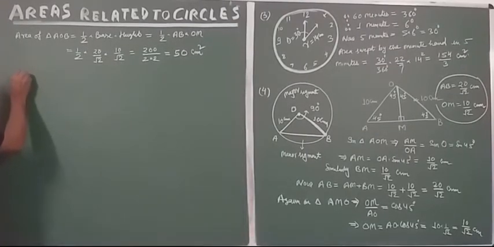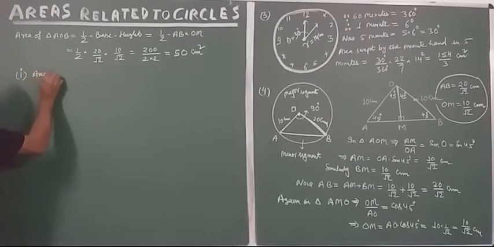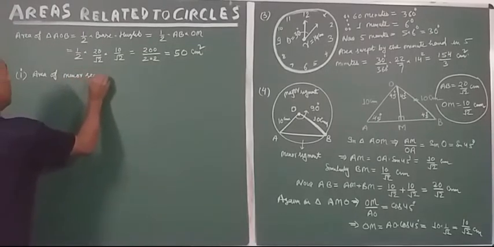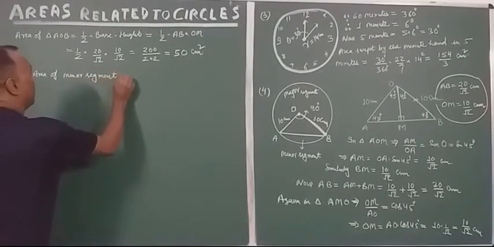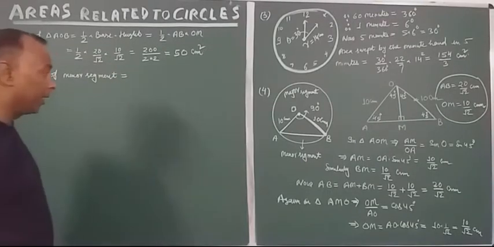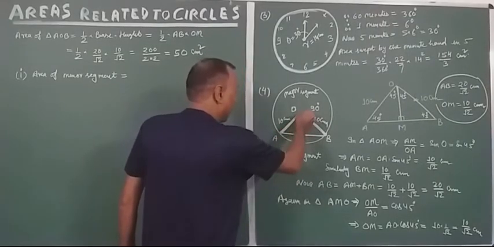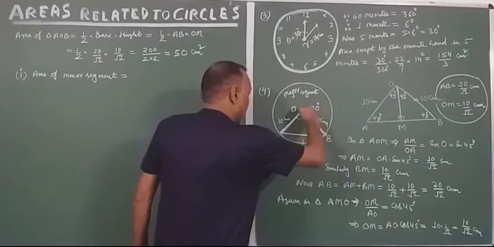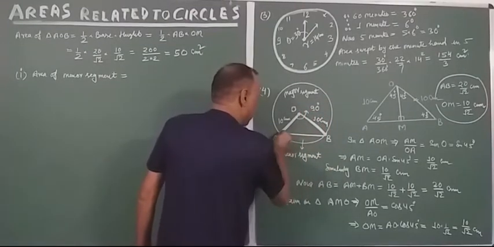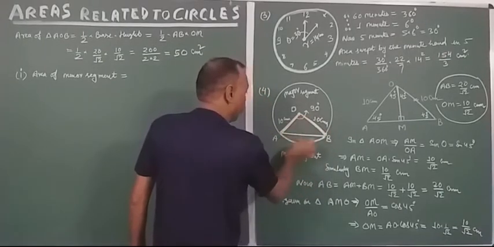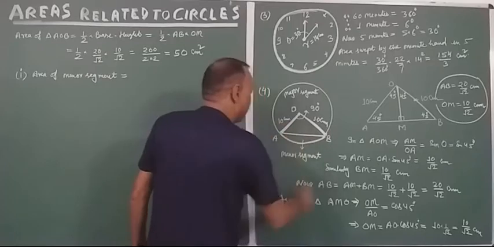Now come to the main part of this question. Area of minor segment. So what will be the area of this minor segment? If I subtract the area of this triangle from this whole area, this sector of 90 degree, then we will get the area of this minor segment.